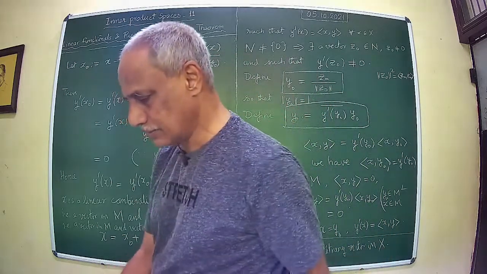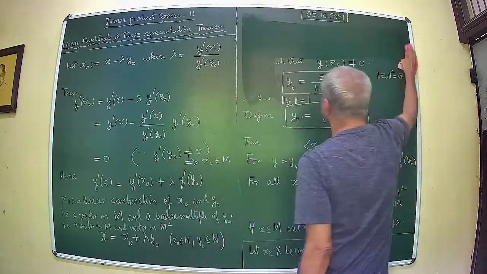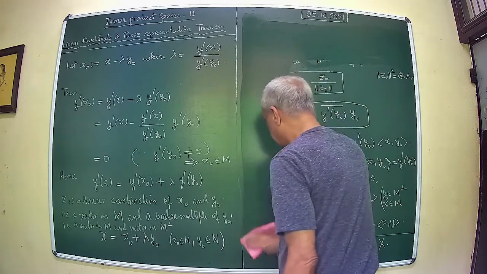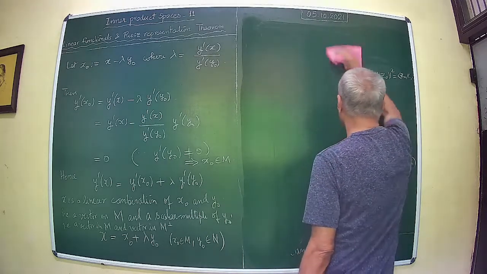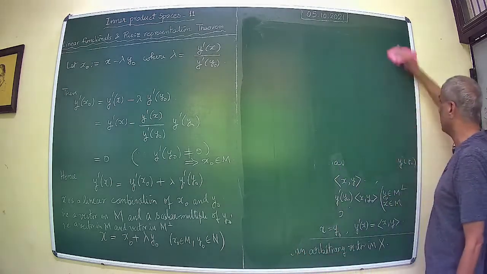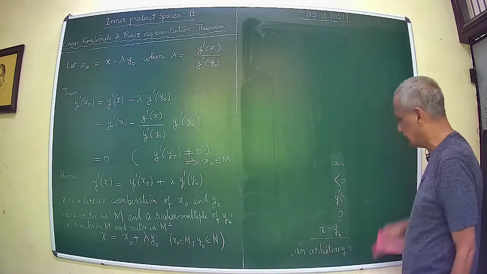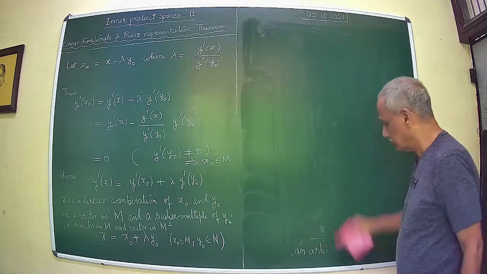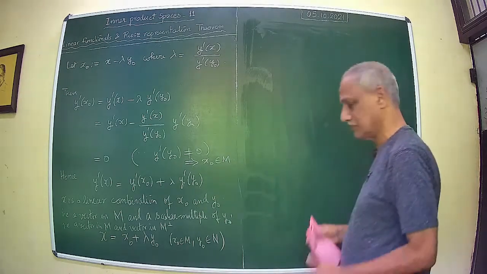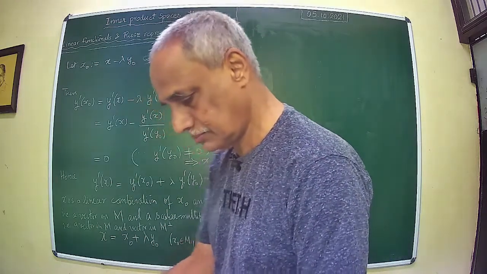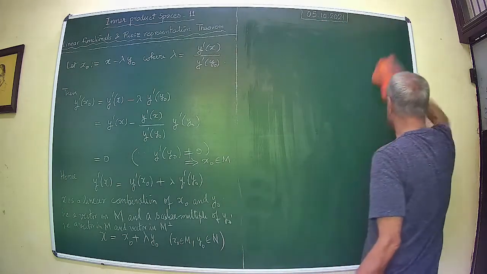Okay. Now let us work on this. Because you have X is equal to M plus M perp, and M intersection M perp has only the 0 vector, and we have already obtained the resolution of x in terms of a vector in M and a scalar multiple of y naught. Now, see, we use the consequence of this.